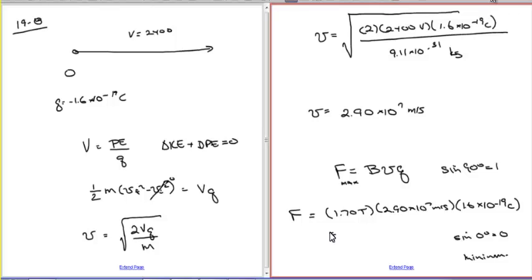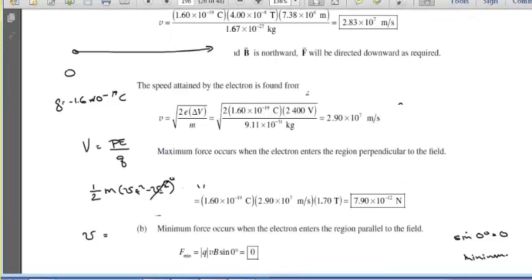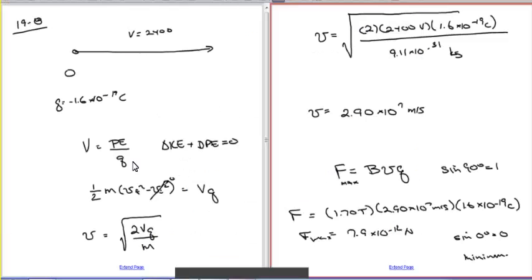It's small because the charge is small. So we got 1.7 Tesla times 2.9 times 10 to the 7th meters per second times 1.6 times 10 to the minus 19th. The maximum force is going to be equal to 7.9 times 10 to the minus 12th newtons. Just going to check, make sure that's the right answer. Yes.